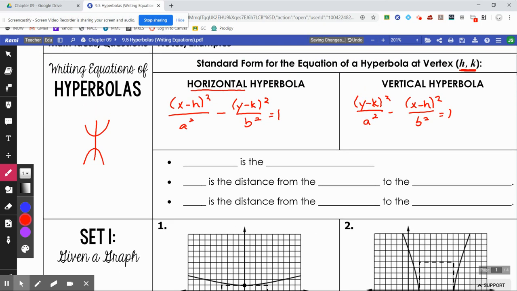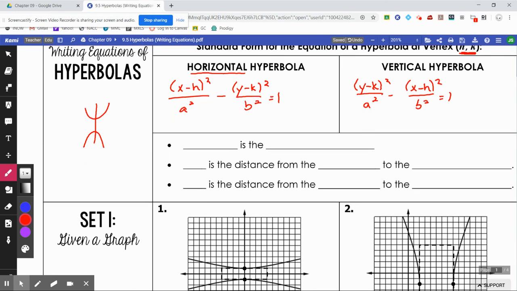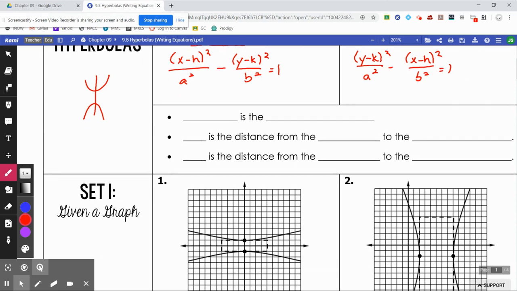So you can look at the transverse axis and tell whether you need to list the x first or the y first. Now, again, with the a squareds and b squareds, in an ellipse, a squared was always bigger. In a hyperbola, that is not always the case. Let's go through these. Okay, h, k is the center of the hyperbola.